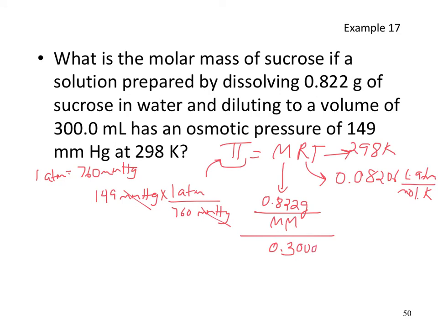So now we just plug in the numbers and do our calculation. On your left hand side you have 149 divided by 760, and you can calculate it if that makes life easy for you. You can do that, or you can consolidate everything and then determine the molar mass, however you want to do it. It really is your level of comfort with math.